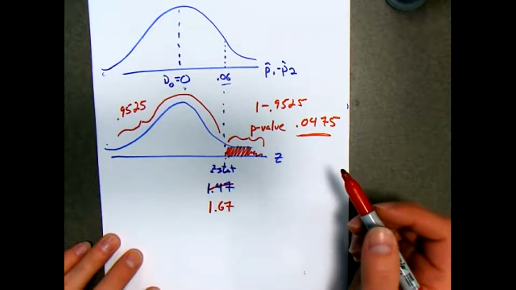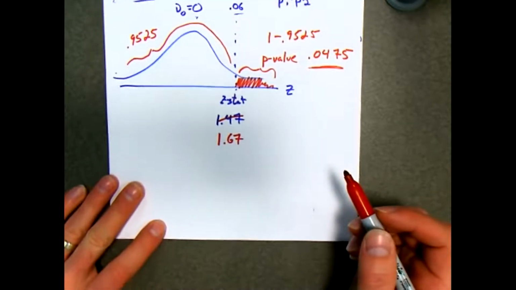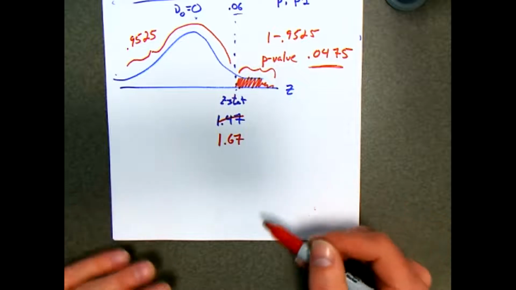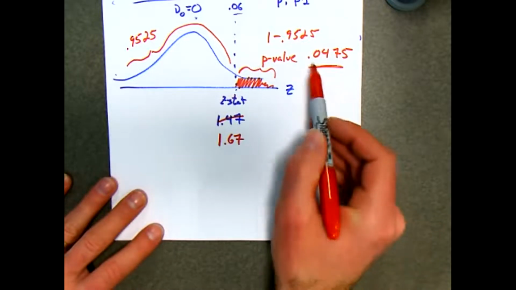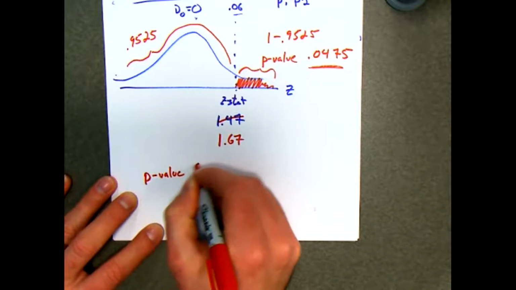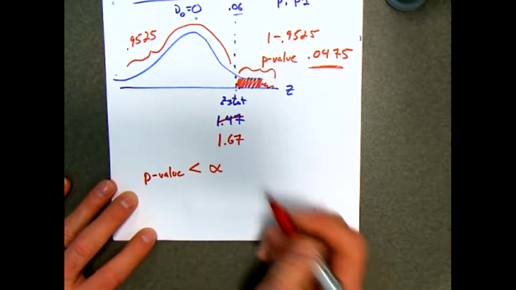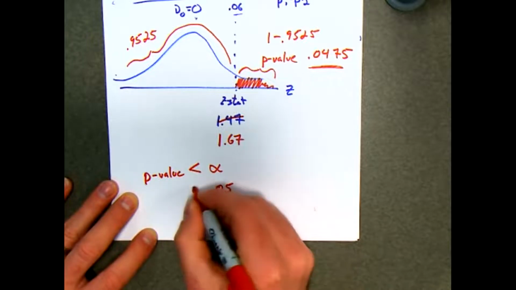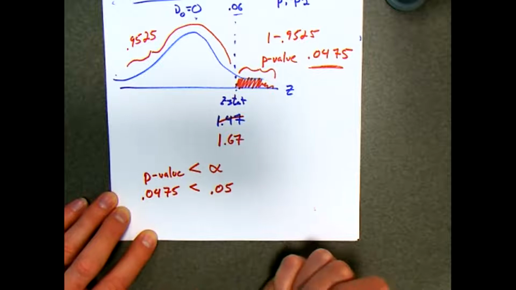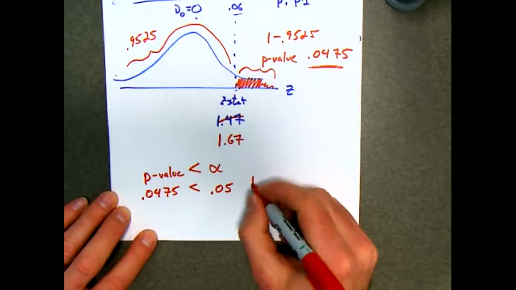And I think it asks about rejection decisions. Even if it didn't, I could ask you about the rejection decision here. Once I have that p-value, I only reject the null if my p-value is less than alpha. I believe the alpha in this problem was told to us to be 0.05. My p-value is 0.0475.